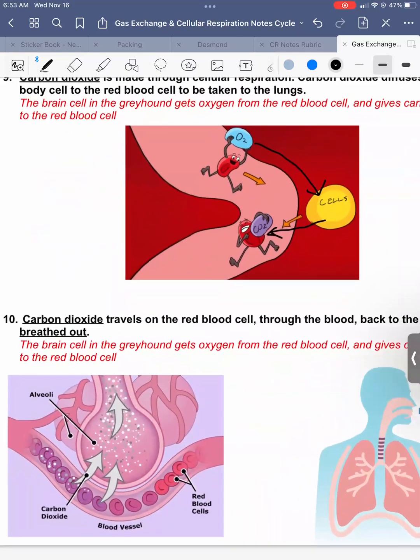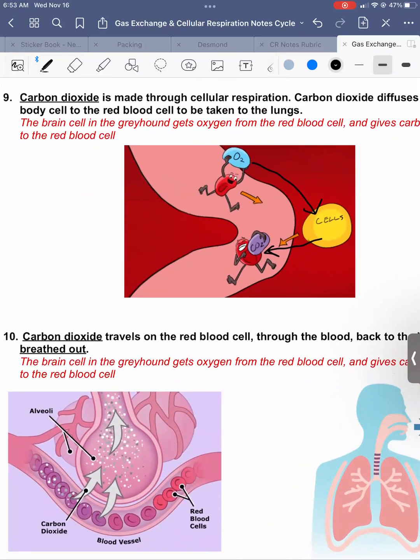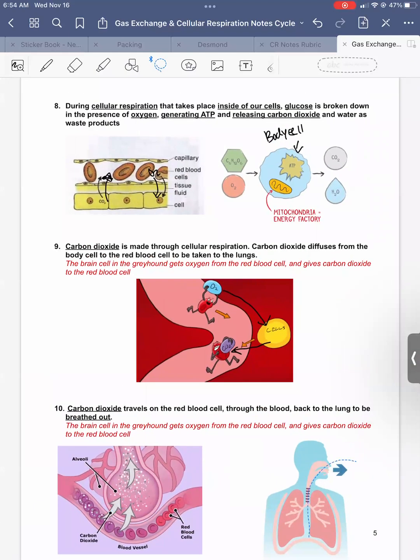So we've seen this before. This is the alveoli. We're seeing these red blood cells delivering carbon dioxide so that that carbon dioxide can be breathed out.